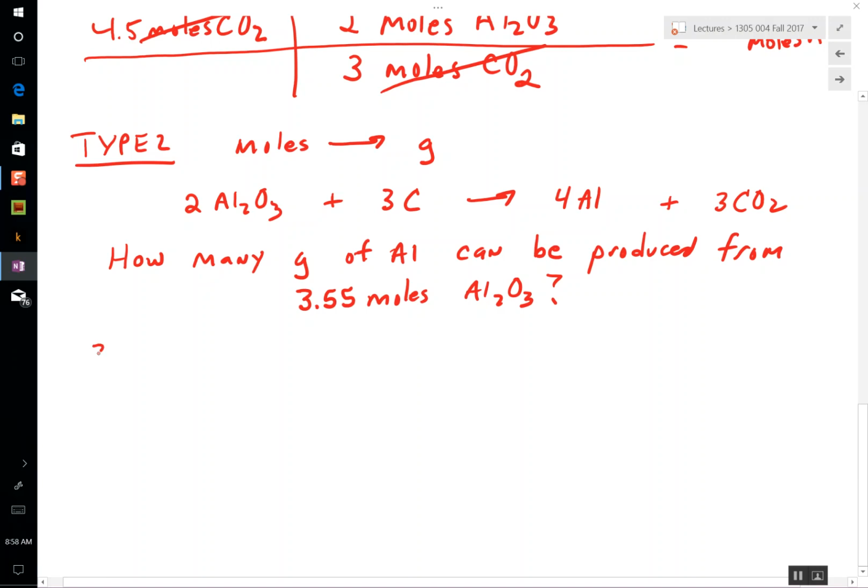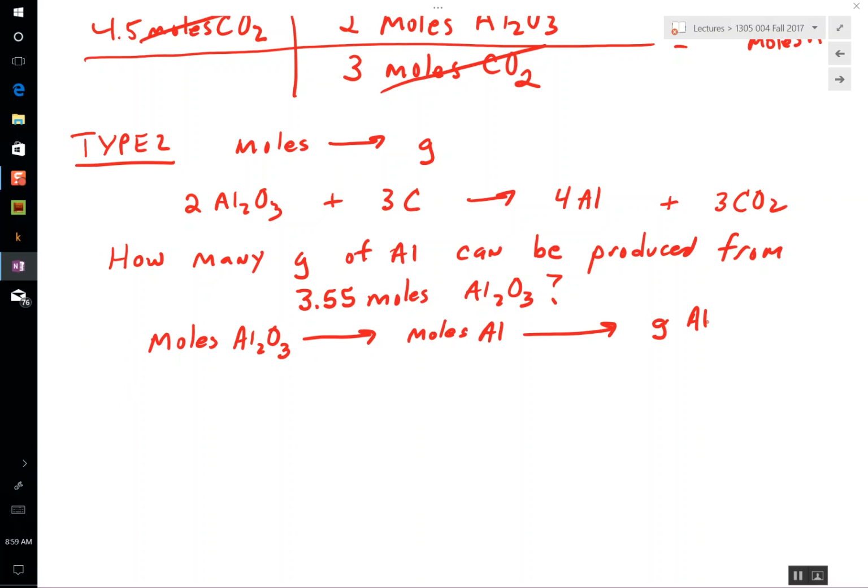So start over here, here's the roadmap. We're going to go from moles of aluminum oxide. We're going to convert that to moles of aluminum. And we're going to convert that to grams of aluminum. So this is going to be a two-step, well, we're going to put it all in one equation here. But there's two steps to get to the goal line here.